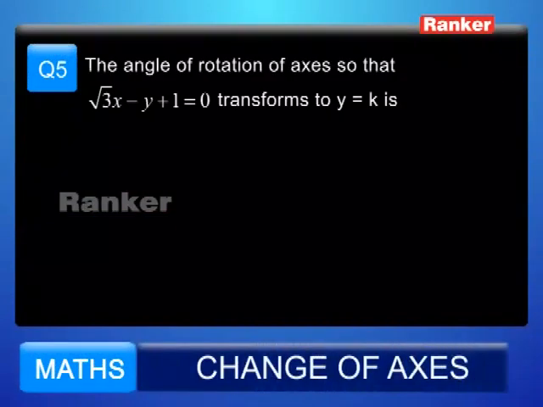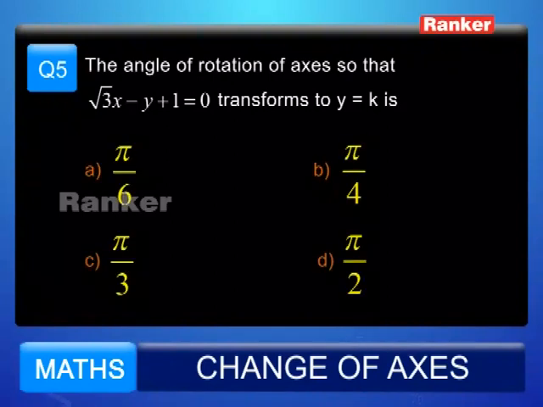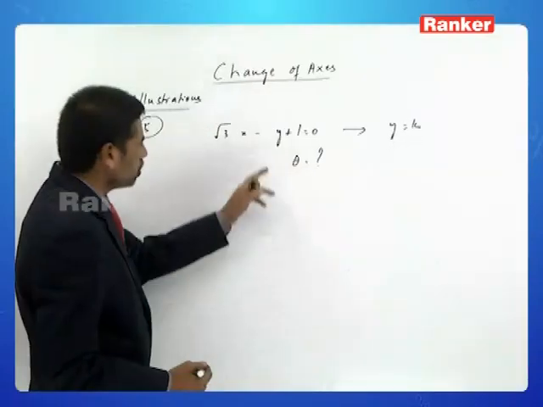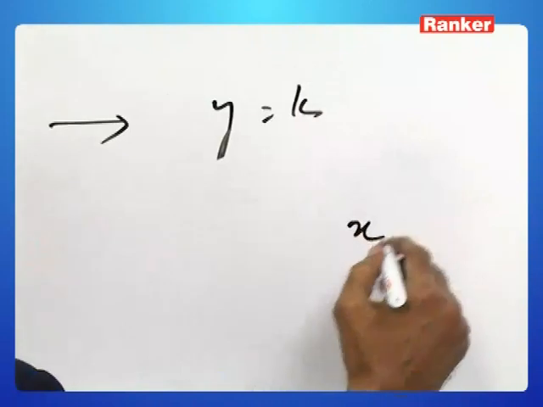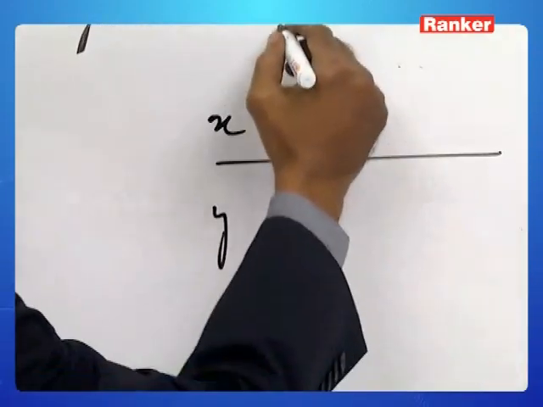Question number 5. The angle of rotation of the axis so that root 3x minus y plus 1 is equal to 0 transforms to y is equal to k is: the options are pi by 6, pi by 4, pi by 3 and pi by 2. So now this equation has to be transformed to y is equal to k. So let's go back to the orthogonal transformation.